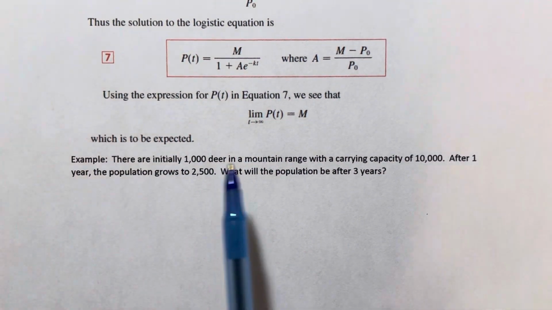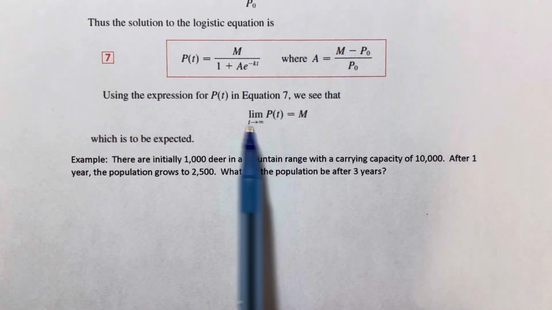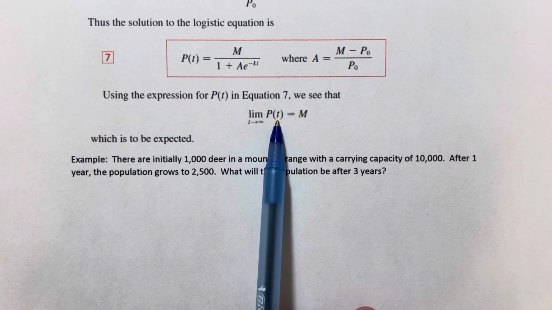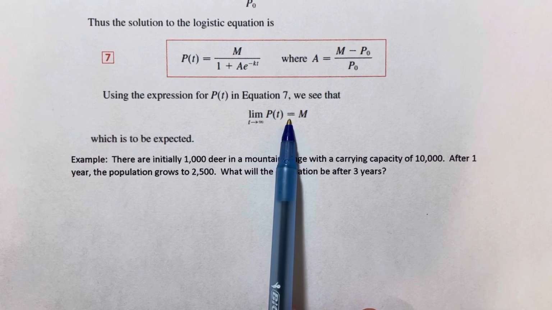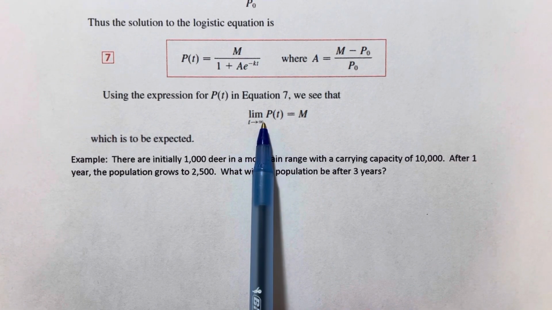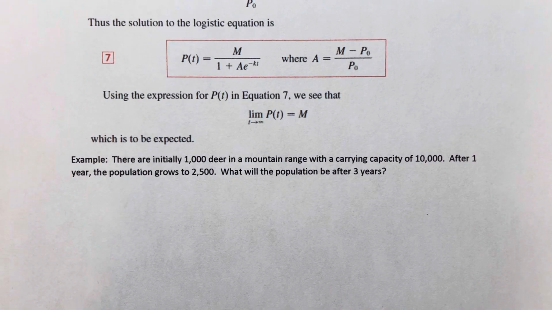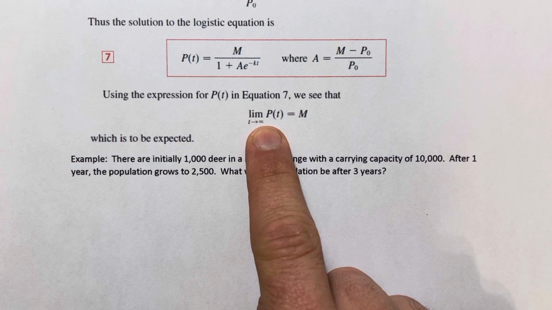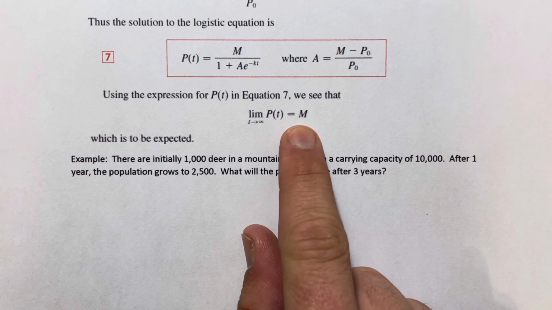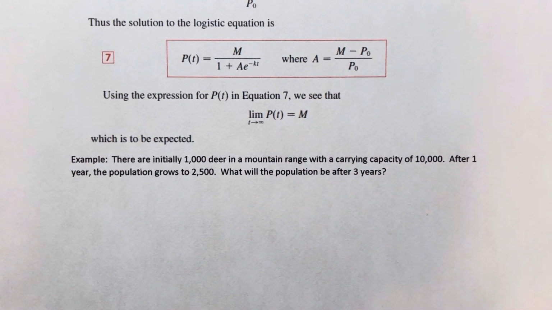An observation that's made here, which is really important, says: notice that the limit as t approaches infinity of p of t is equal to m. What that means is that the population doesn't skyrocket off to infinity as time passes. But as time passes, your population is going to be approaching that carrying capacity. It's never going to reach it under this model anyways.